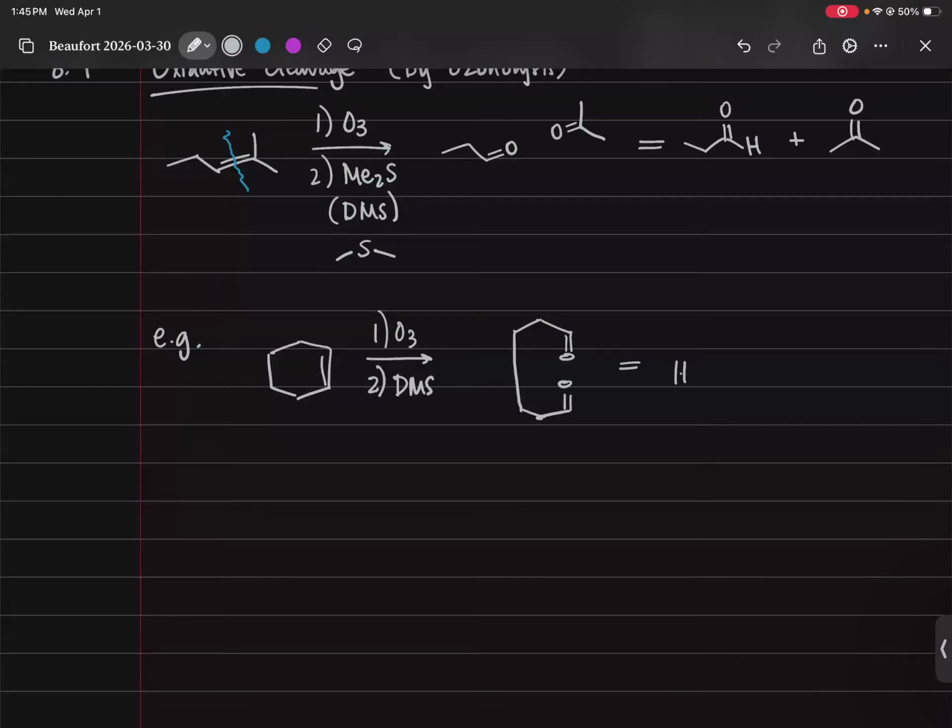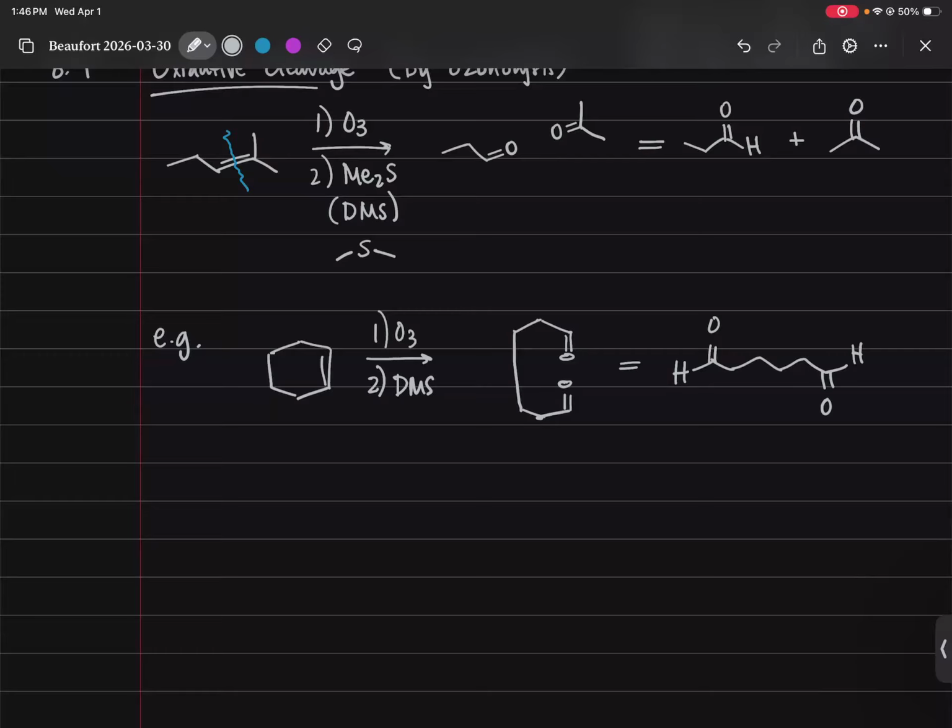1, 2, 3, 4, 5, 6. Or more traditionally, you might see it drawn out like that. That makes it a little bit harder to wrap your brain around doing the reverse.